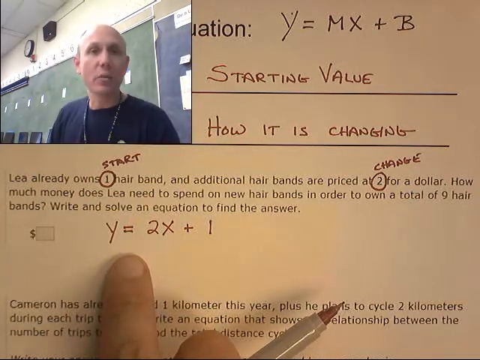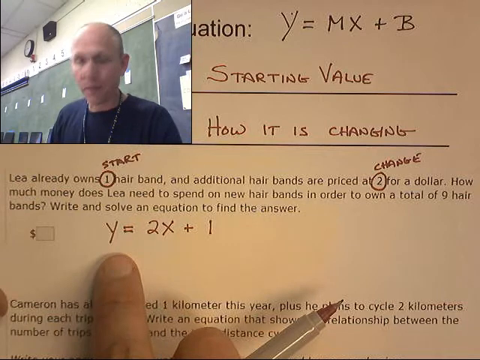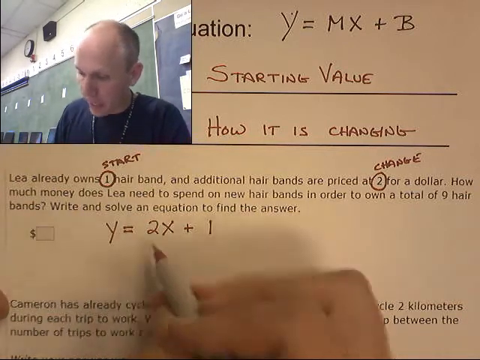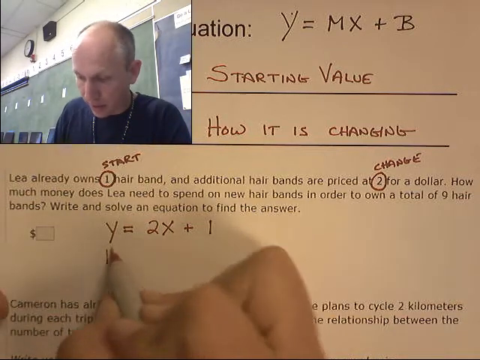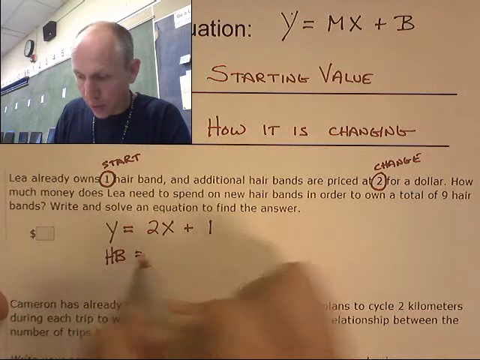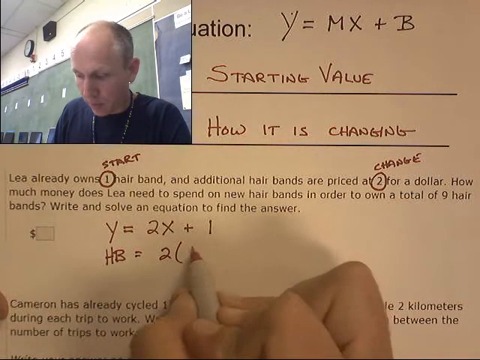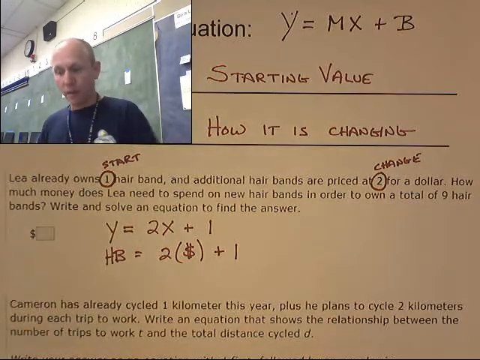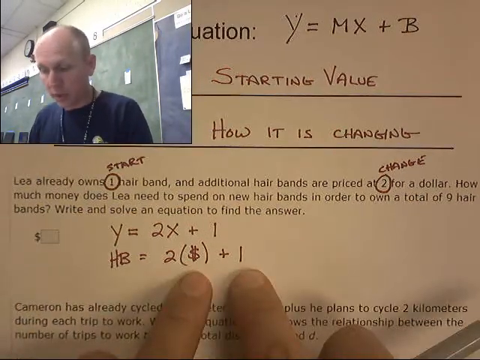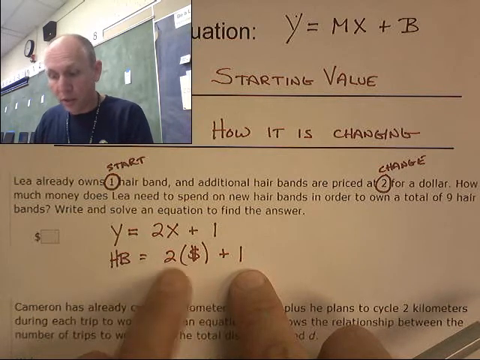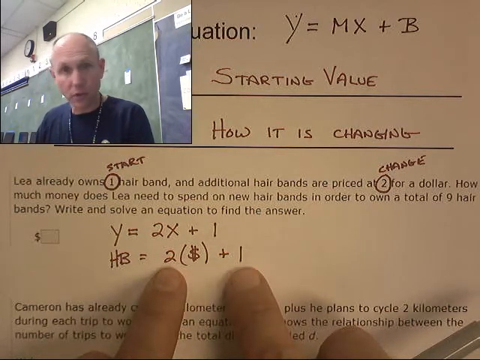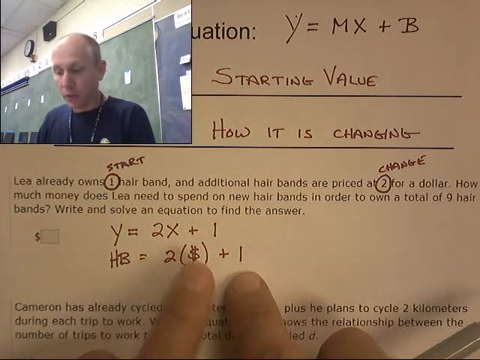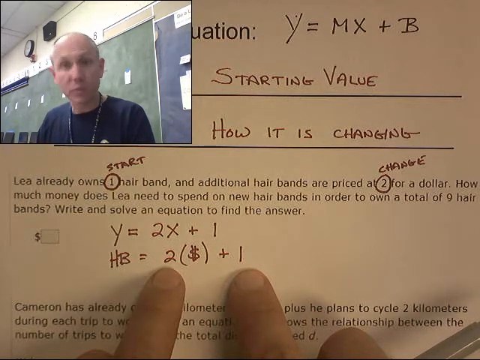Now, y and x aren't really good variables for this. We should really be using like hairbands. This is how many hairbands. HB equals 2 times the number of dollars plus 1, right? For $0, she has 1 hairband. For $1, she'll get 2 more plus the third. For $2, she'd have 4 plus 1, which is 5.